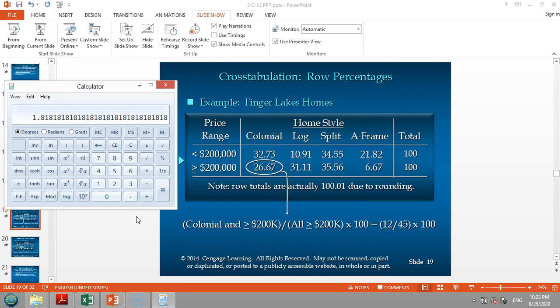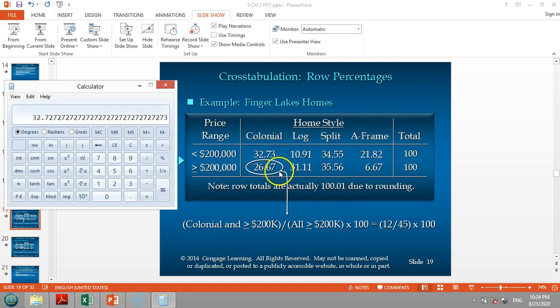Colonial, how many colonials were there? 18, right? If you go back, you'll see there were 18. So I multiply 1.81, or 1.82 if I round, times 18. And I get the colonial here. You can do this for all of them here.